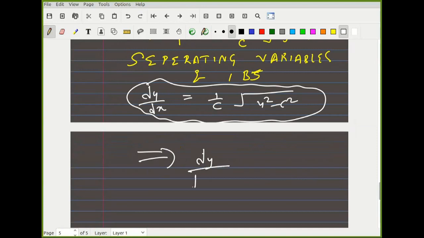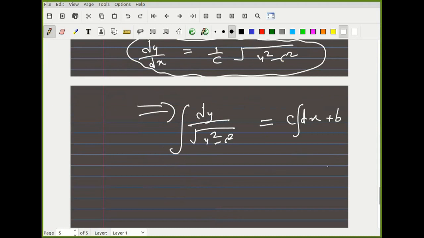Remember, I'm separating variables: dy over root of (y square minus c square) equals dx over c. So I put an integral sign on both sides, and I introduce another constant of integration.